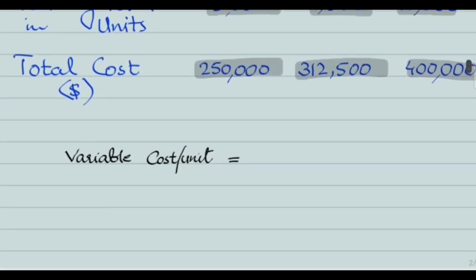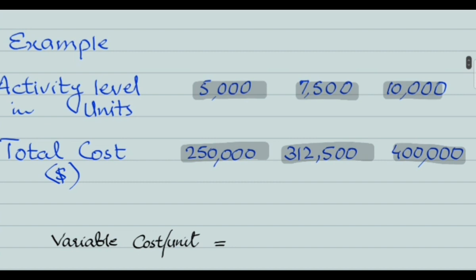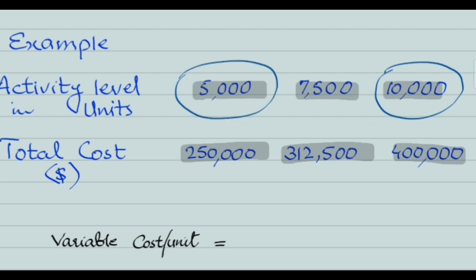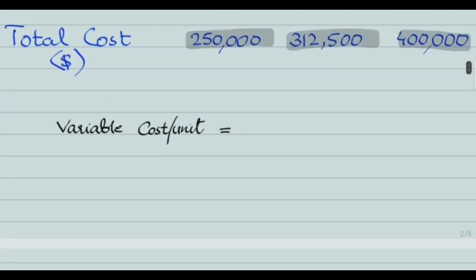So in accordance with the step 1 approach, we need to consider what is the high and low activity level. So the high activity level is 10,000 and the low activity level is 5,000 units. To calculate the variable cost per unit, we need to consider the change in cost at the two different activity levels, high and low, and that will be 4 lakh, the cost at the highest activity level, and 2,50,000, the total cost at the lower activity level.